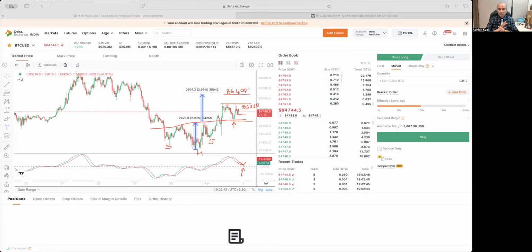And remember, this is no sure thing, no 100% thing. You have to maintain a stop loss, and this is a science of probability. There is a high probability this might happen. If something different happens, you need to know where to get out, how to get out. So it's very crucial that you understand that, and on the basis of that you trade.